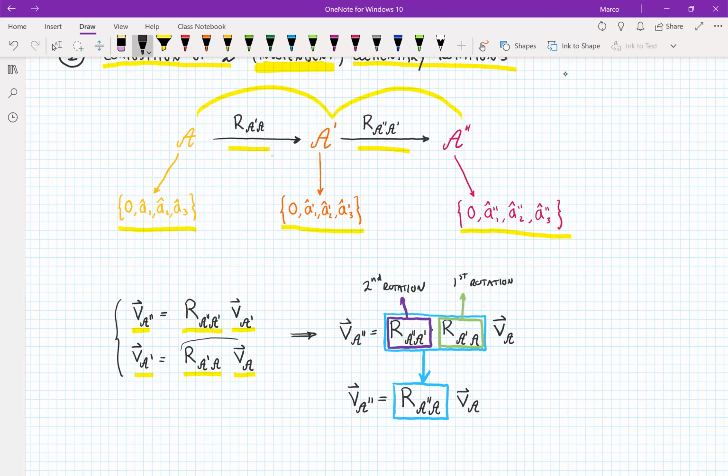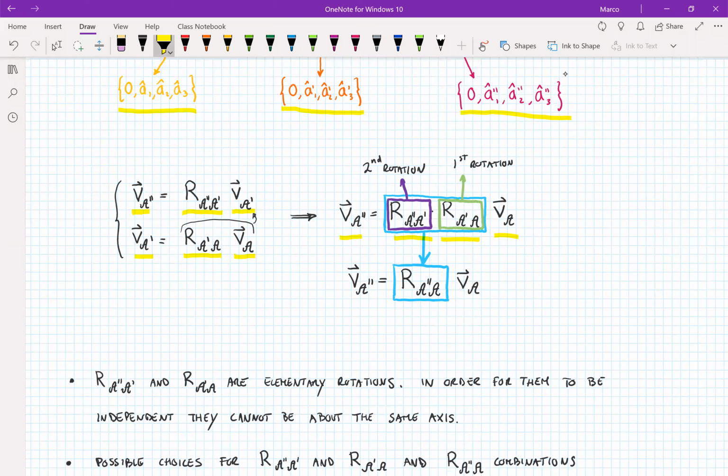So now if we substitute this expression over here and we put it in the first equation, we're going to find that VA double prime is equal to R A double prime A prime times R A prime A times V A. So finally, we have the vector expressed in the coordinates of our reference frame A double prime is equal to the vector in the A coordinates pre-multiplied by the rotation matrix that takes us directly from A to A double prime.